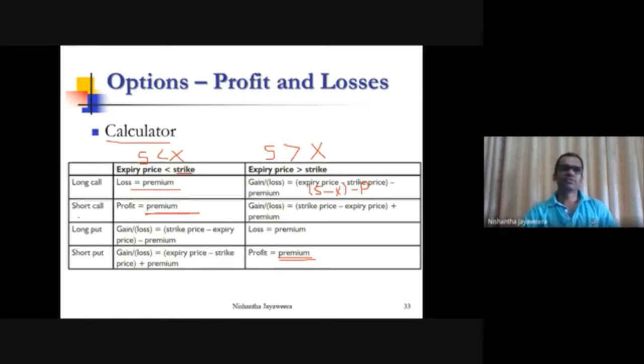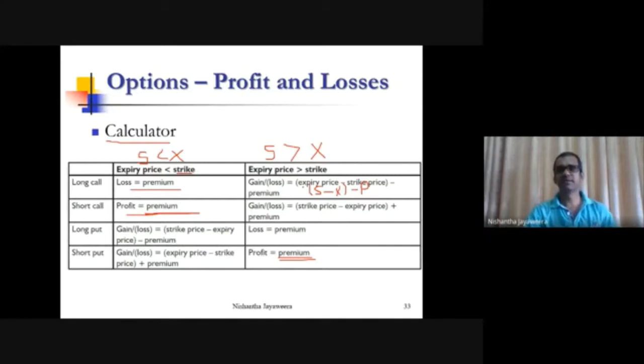So with a short call, when the spot price is less than the strike price, the buyer won't exercise his right, so you make a profit equal to the premium. But on the other side, when the spot price is higher than the strike price, the buyer of the call option will exercise his right.